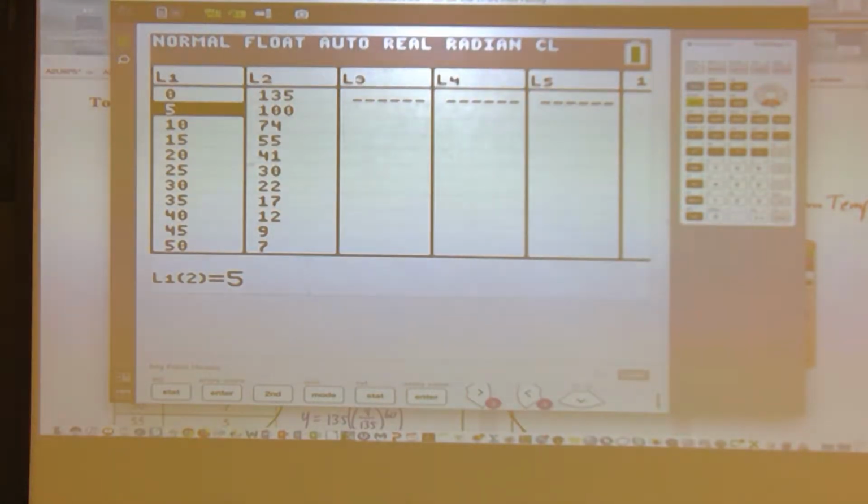We're going to see how you're doing on the Stat Edit. So I'm going to do list 1 and list 2.